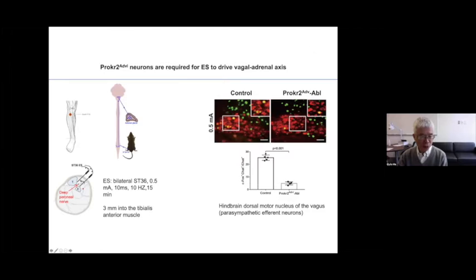So again, we do the ST36 electrical stimulation, which normally can induce c-Fos in the parasympathetic efferent neurons in the hindbrain, and this induction is very much abolished.